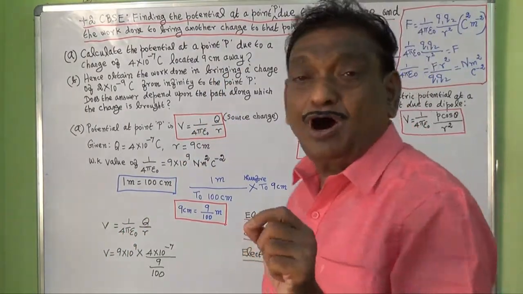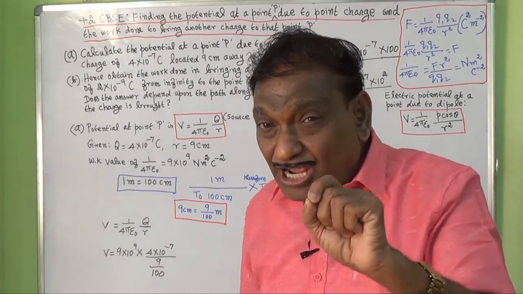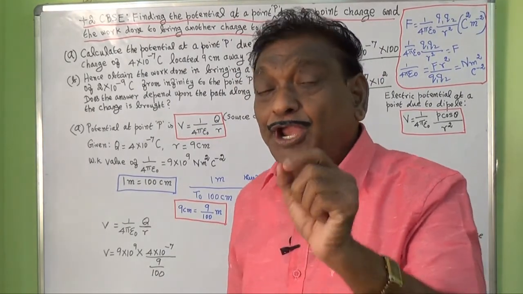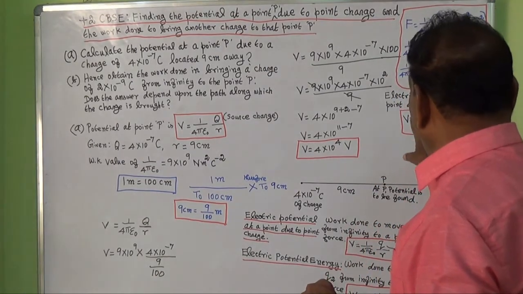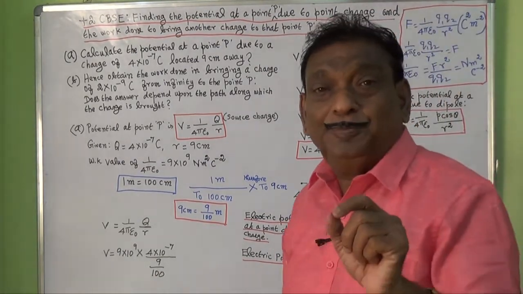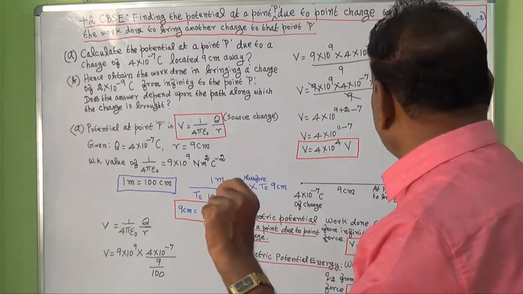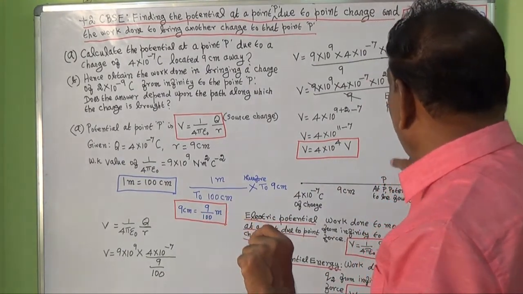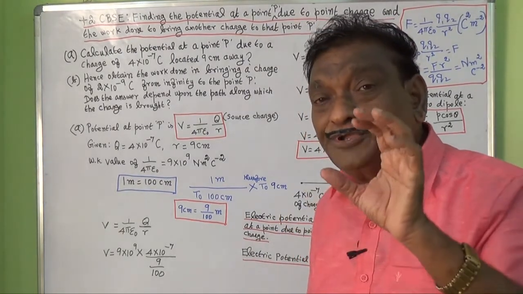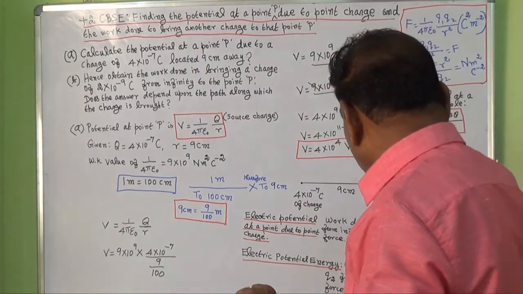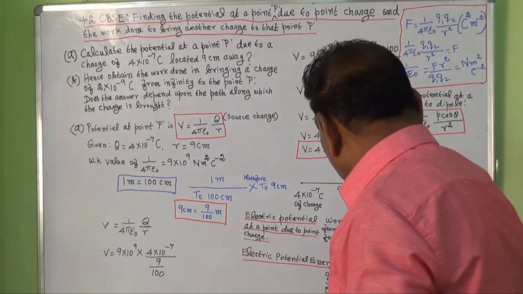Then the formula for electric potential at a point due to dipole, capital V equal to 1 by 4 pi epsilon naught P cos theta by R square. In this case, P represents the dipole moment. Why am I telling these three formulas at this place?